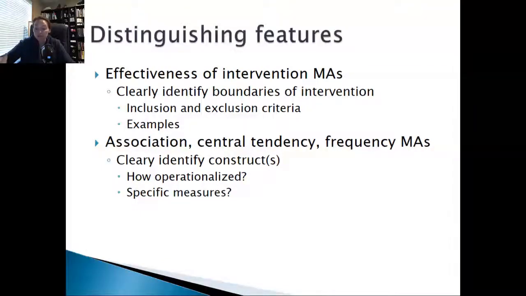And lastly, for frequency, you want to be telling me, well, what is it that you're wanting to track a frequency of? So again, let's go back to that example of recidivism. Let's say you're looking at recidivism in sex offender treatment. So you're determining whether or not sex offender treatment is effective based on whether or not people reoffend after they've gone through treatment.